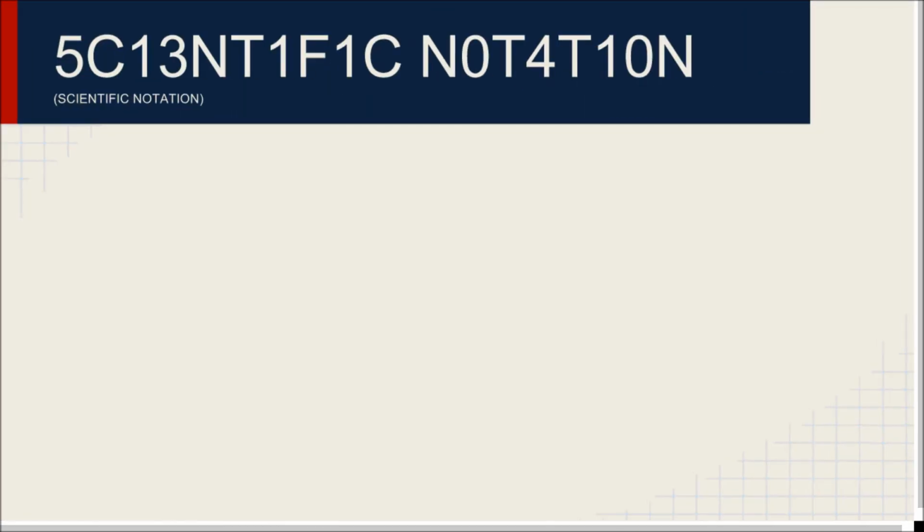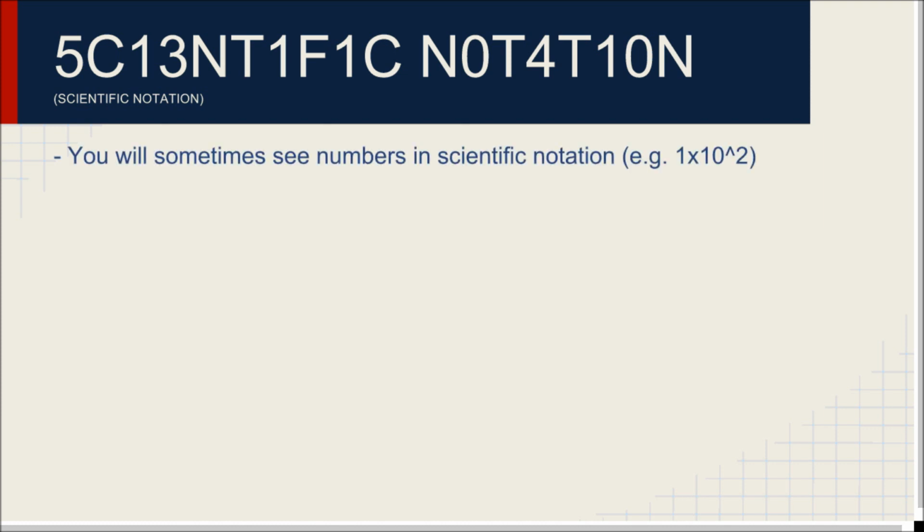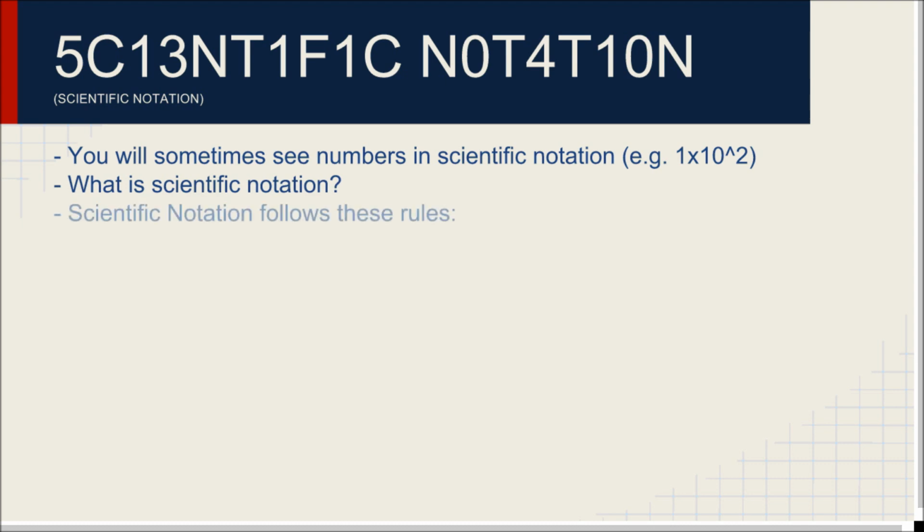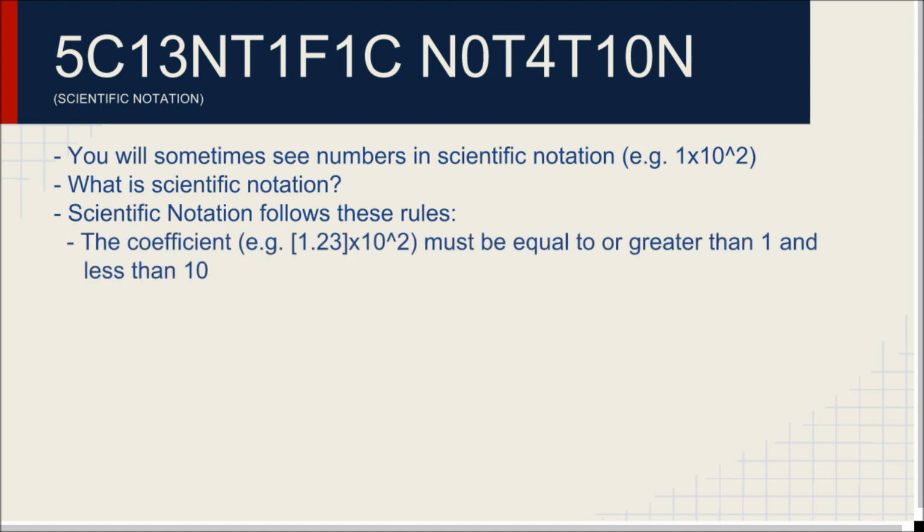Now, moving on to scientific notation. Sometimes you will see numbers in scientific notation, like 1 times 10 to the power of 2. What is scientific notation? If the number follows these rules, then it is scientific notation. The coefficient, that number before the multiplication sign, must be greater than or equal to 1 and less than 10, which means it must be between 1 and 10, including 1.